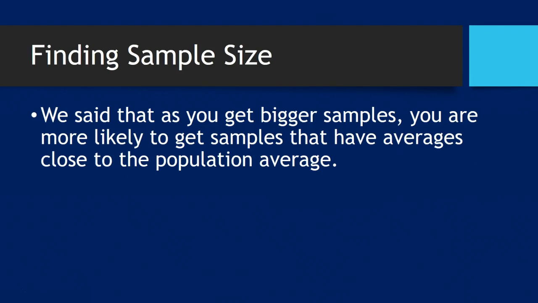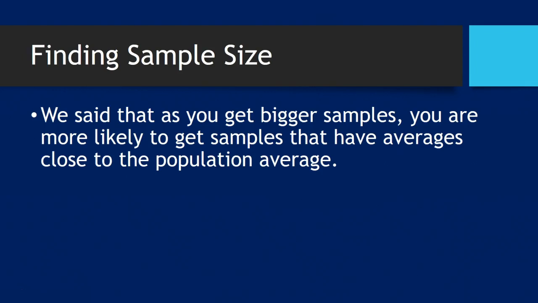Now that 4 inches might be too spread out to be useful in a practical sense. And so we're going to say, well, how big of a sample do I need so that my height has a margin of error less than maybe 2 inches or less than 1 inch.